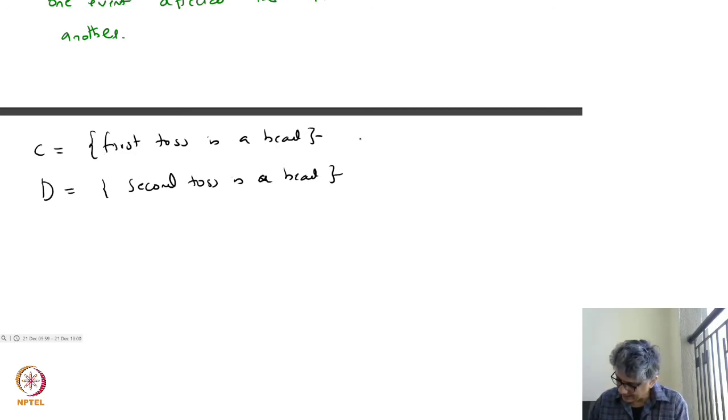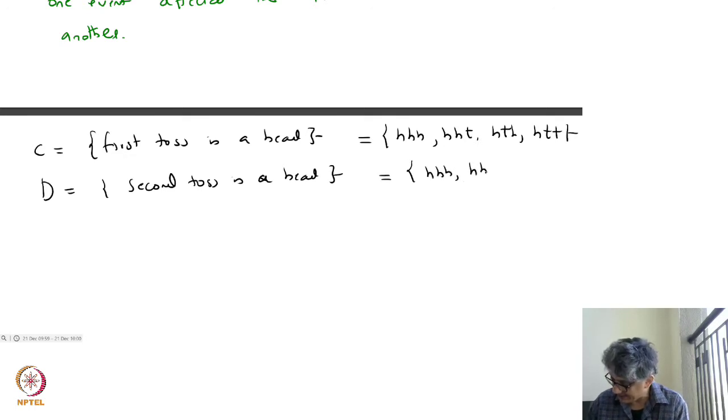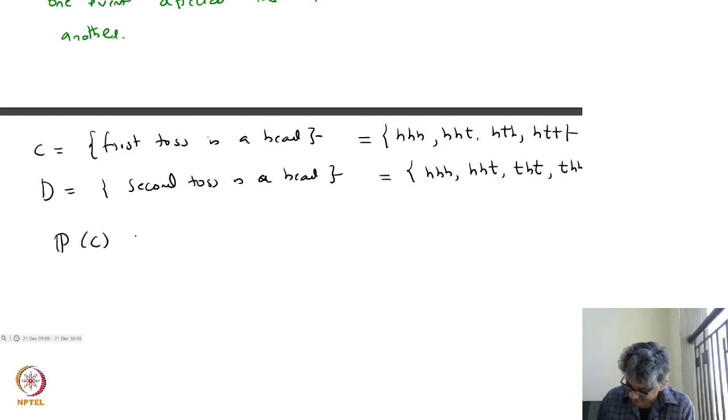So now clearly C, the first toss being a head, is just HHH, HHT, HTH, and HTT. That's the event that the first toss is a head. D, the second toss is a head, is just HHH, except the second toss is fixed at head, and then there's one more, THH. Similarly, probability of C is size of C divided by size of S, which is 4 by 8, which is 1/2.